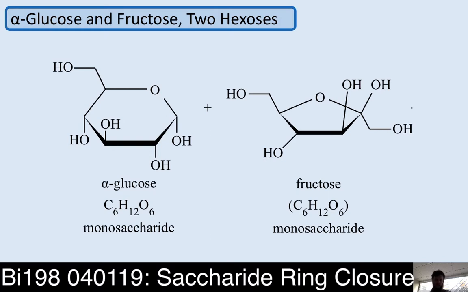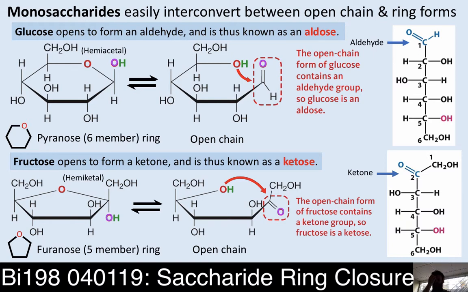All right, so let's look at these two a little bit and how this forms in each of them. Glucose can open to form an aldehyde. This is essentially the reaction you're doing. You're taking electrons, that little red arrow in the upper right corner there, is electrons flowing from the hydrogen oxygen bond towards that carbon of the carbonyl group.